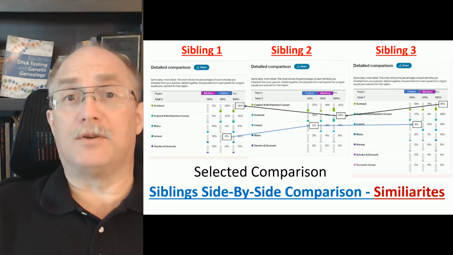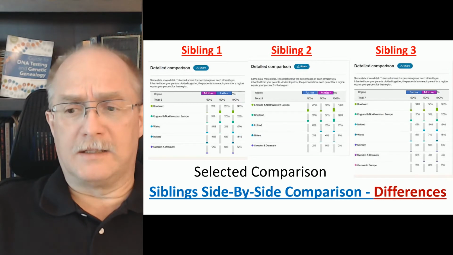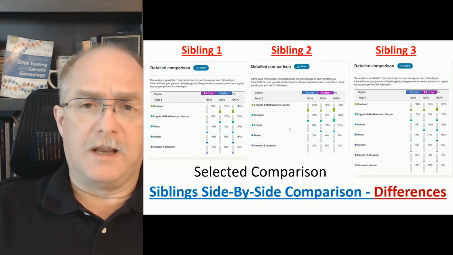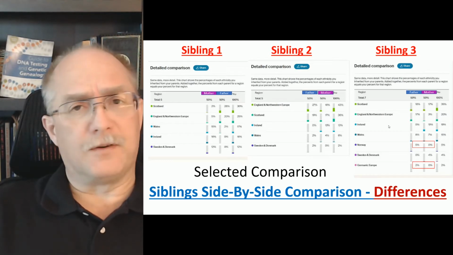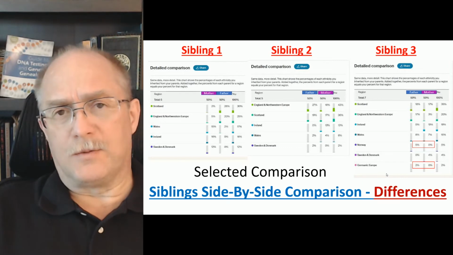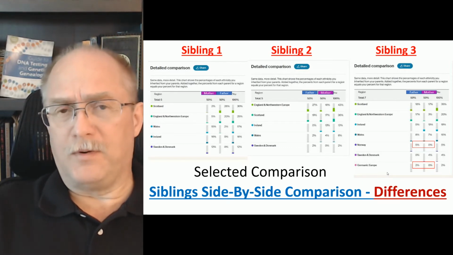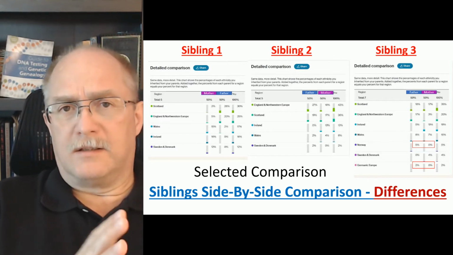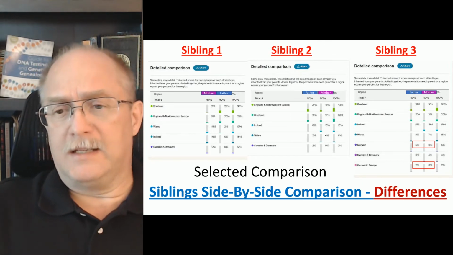Now I'm going to go ahead and go straight into the differences. So you've seen the similarities I pointed out. Well, let's look at a few of the differences. The first thing I'm going to point out is this particular sibling has Norway and Germanic Europe. And I've already shown that map a few moments ago of how Norway is associated potentially with Sweden and Denmark.